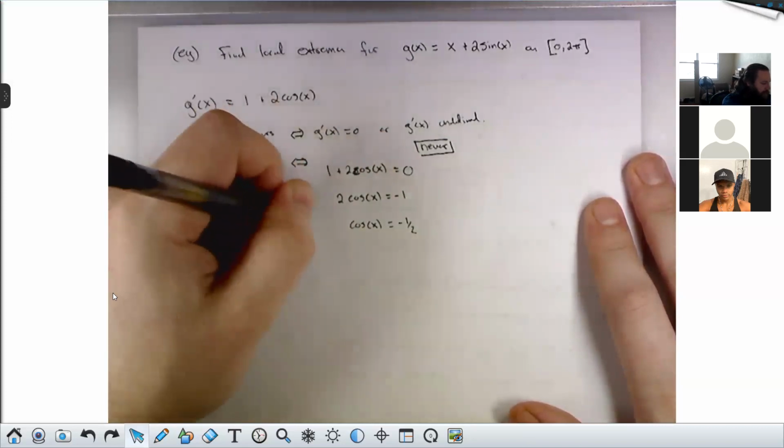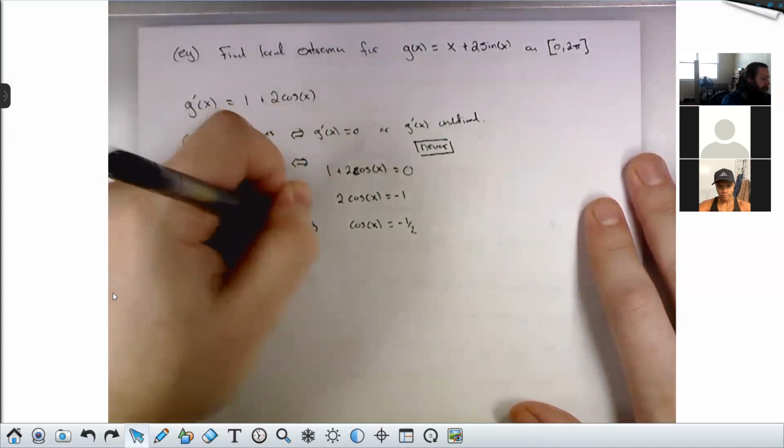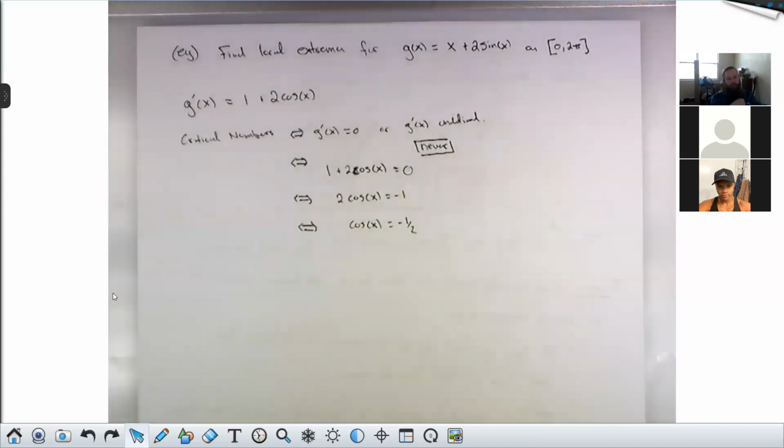And that is a trigonometric equation that has infinitely many solutions. But I was told to just pay attention to the interval 0 to 2 pi. I'm not interested in anything but the solutions in this interval. So where between 0 and 2 pi is the cosine of x equal to -1/2?